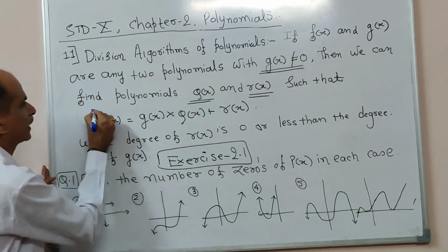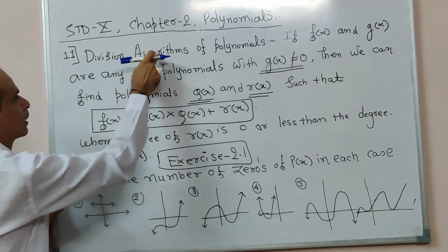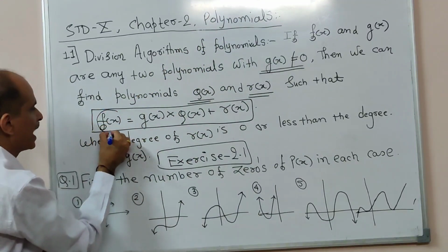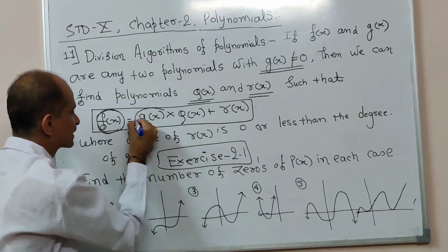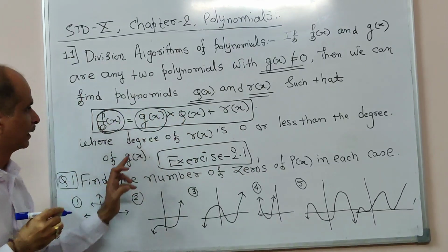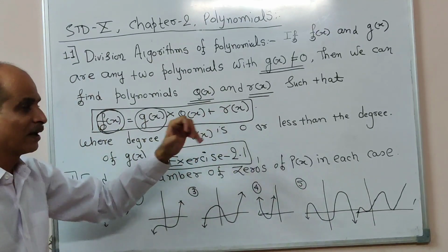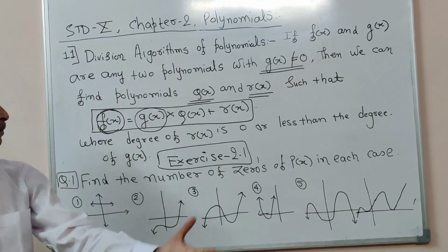This statement is known as the division algorithm of polynomials, where f(x) is known as dividend, g(x) is known as divisor, q(x) is known as quotient, and r(x) is known as remainder polynomial.